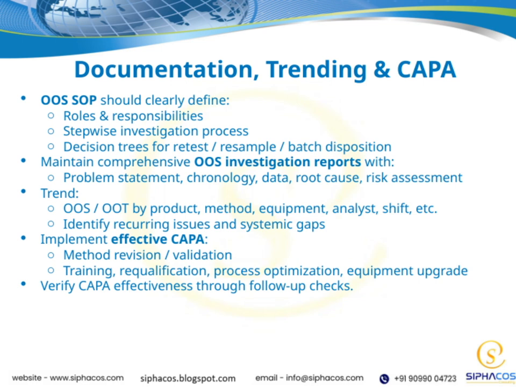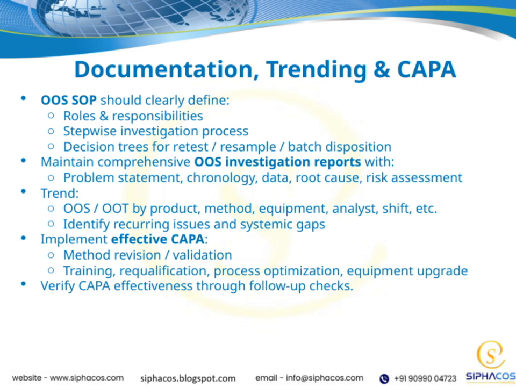Speaking of solutions, implementing effective corrective and preventive actions, or CAPA, is vital. This might involve revising or validating methods, providing additional training, requalifying staff, optimizing processes, or upgrading equipment. The goal is to address the root causes effectively.